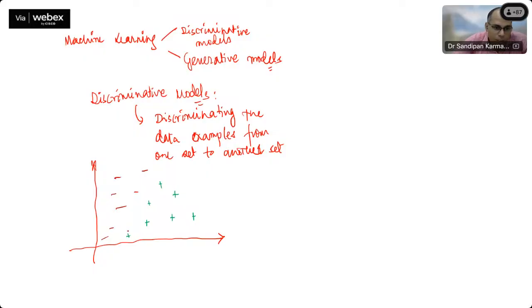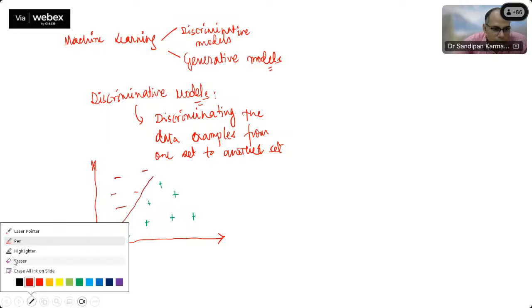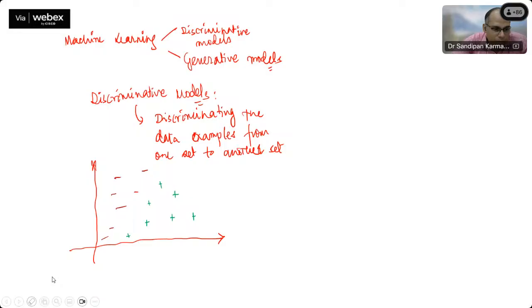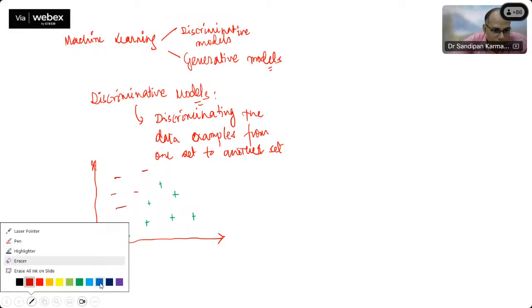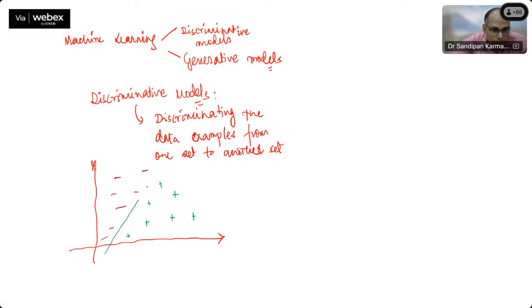What you are doing is trying to identify a boundary. Let me use some other color. We are trying to identify the best boundary, so that below this boundary it is positive examples, and above this boundary it is negative examples.